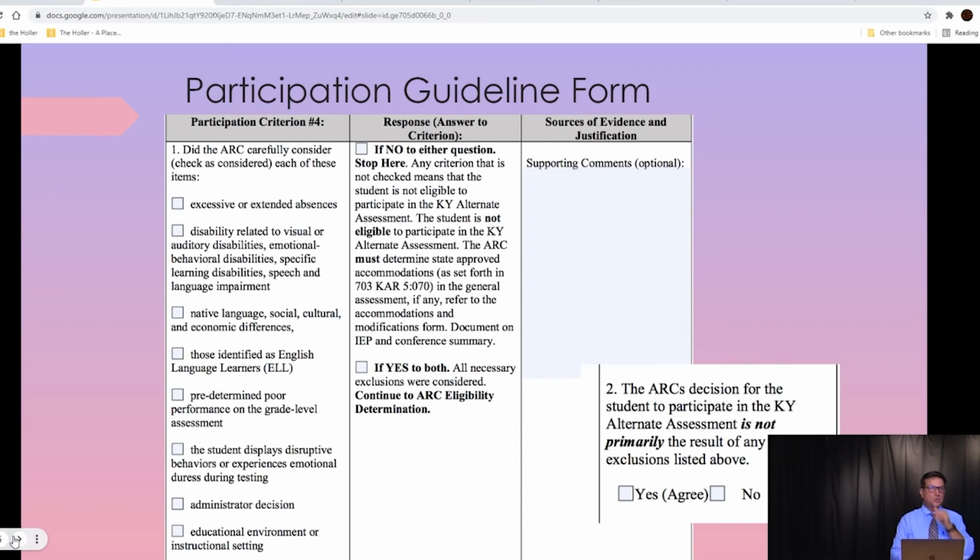The disruptive behaviors, predetermined poor performance, the fact that they were ELL, that they had differences through language, social factors, the cultural factors, economic differences, or that they had a different type of eligibility category that was impacting them, that would possibly skew the data, or did they not attend school enough. So we certainly need to look at those exclusions and make sure that yes, we agree that the decision is not a primary result of any of the exclusions.